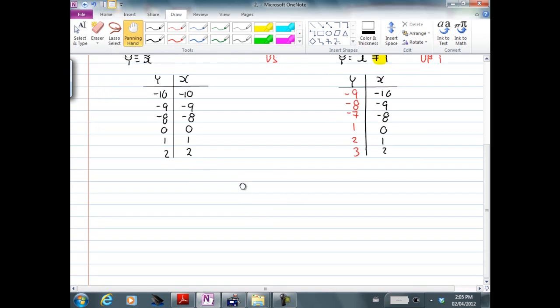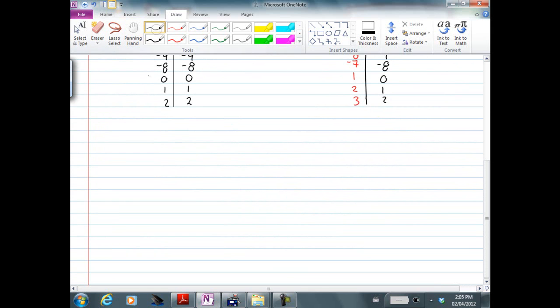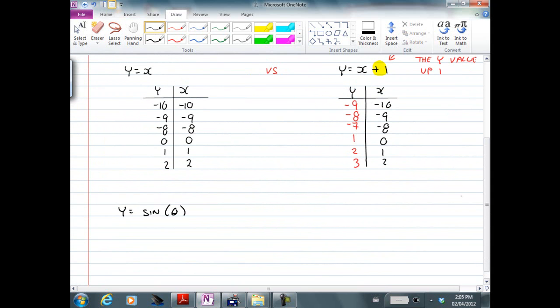Just like, remember, we did sine stuff. Y equals sine theta versus y equals sine theta minus 9. The only new thing you really have is this minus 9. And I've taught you what that was.